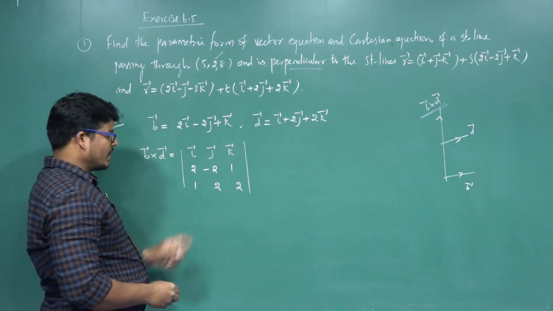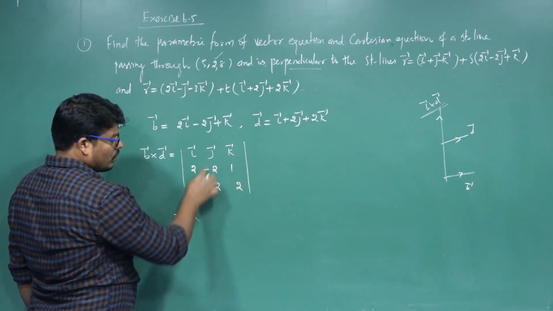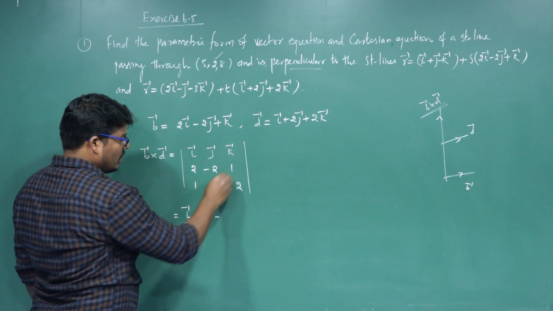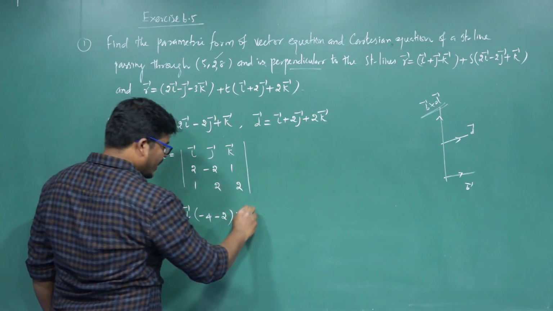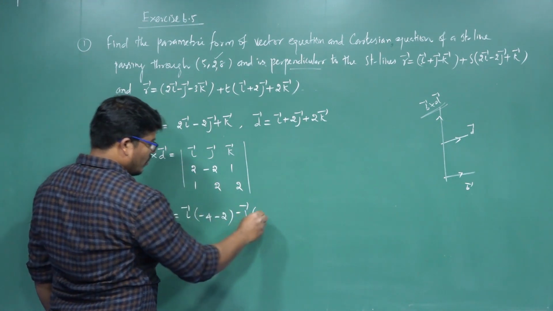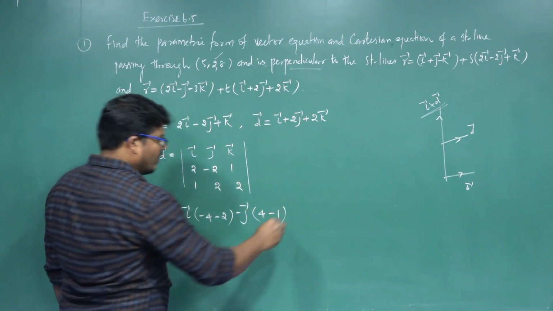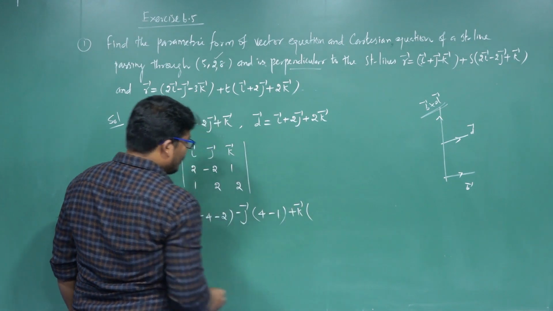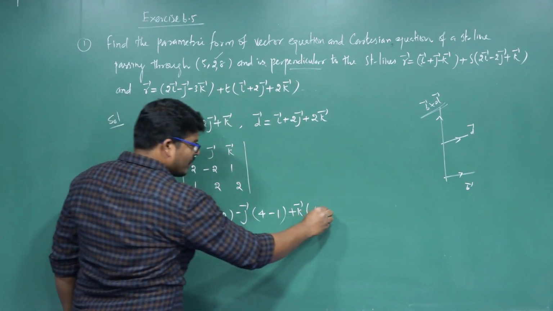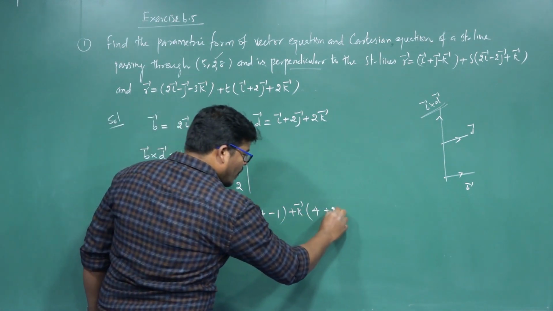Now expanding the determinant: i vector into (minus 2 into 2, minus 4, minus 1 into 2 is minus 2, so minus 6). Next, minus j vector into (2 into 2 is 4, minus 1 into 1, so 3). Next, plus k vector into (2 into 2 is 4, minus 1 into minus 2, plus 2, so 6).